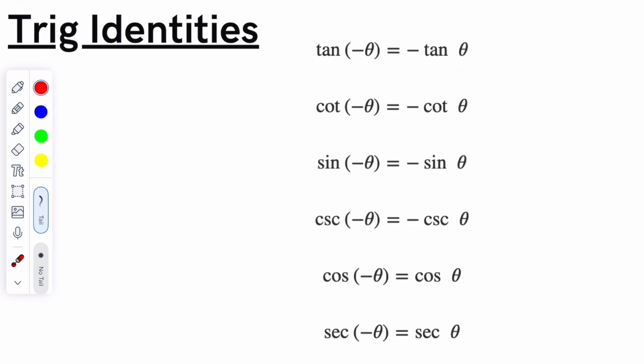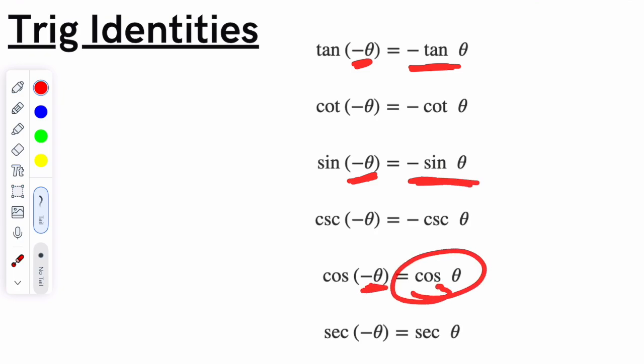On the other hand, if you've got cos of negative theta, we can just get rid of the negative altogether and say that's equal to positive cos theta. And obviously sec is the inverse of cos, so we can say the same thing over here as well. Just to recap: negative theta, negative tan theta; negative theta, negative sine theta; negative theta, positive cos theta.